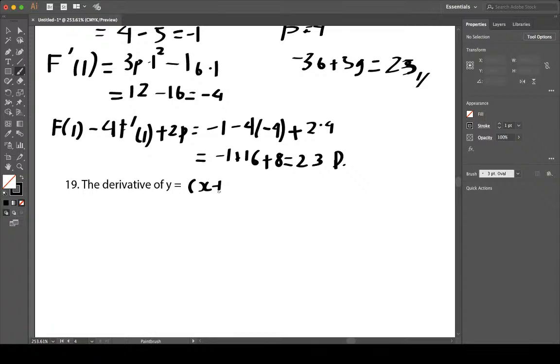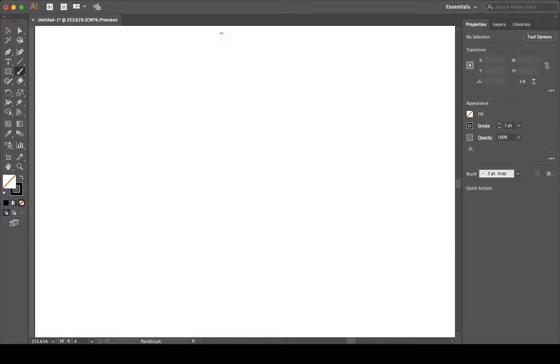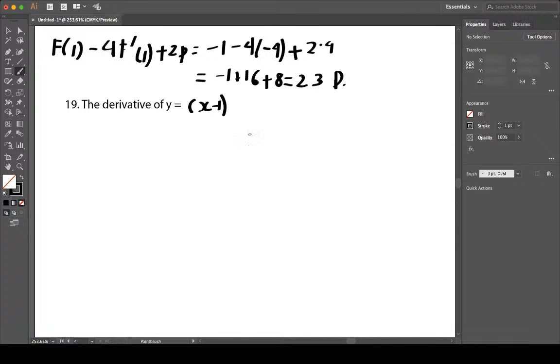Do we still have space down here? Yep, we still have lots of space.